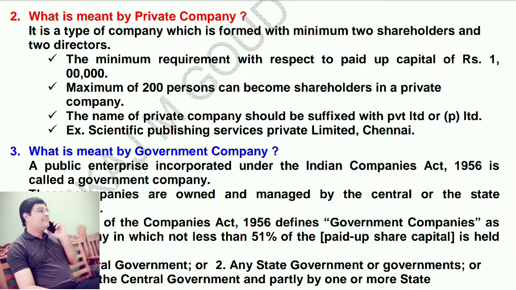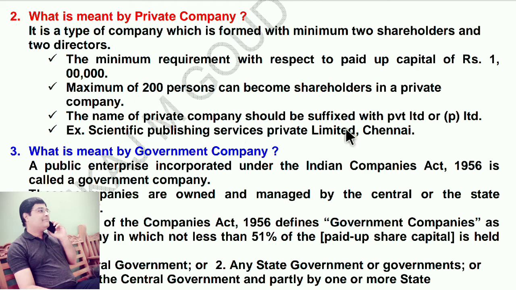Next one, what is meant by private company? It is a type of company which is formed with a minimum of two shareholders and two directors. With two shareholders and two directors, you can start a company. The minimum requirement with respect to paid up capital is rupees 1 lakh. A maximum of 200 members can become shareholders in a private company.